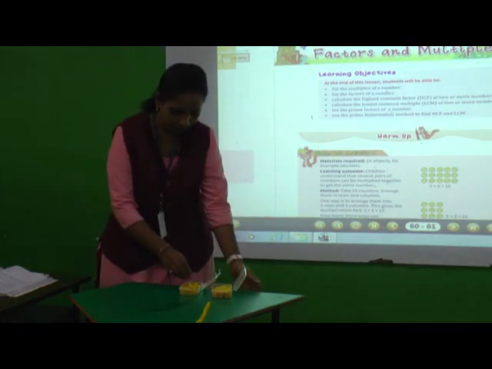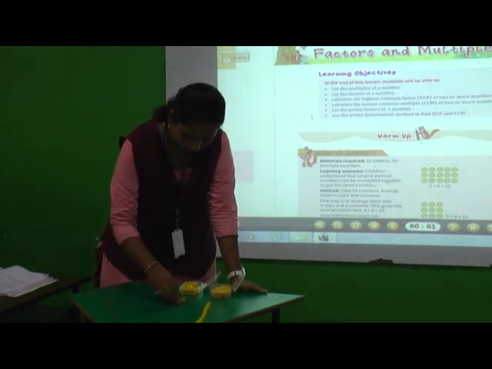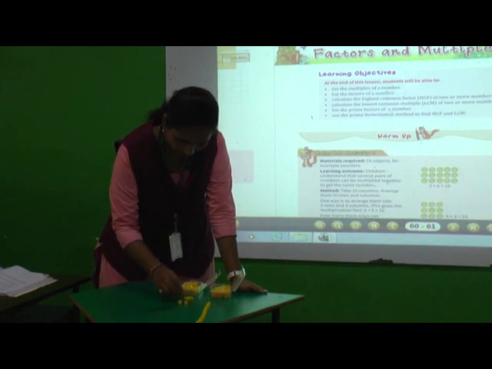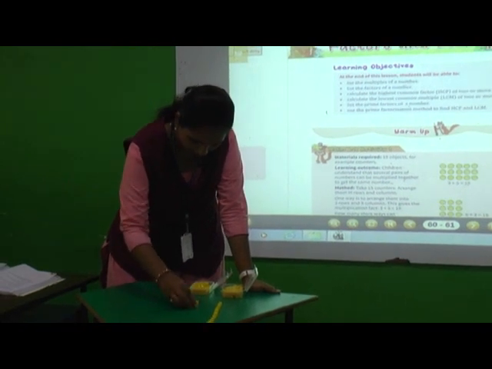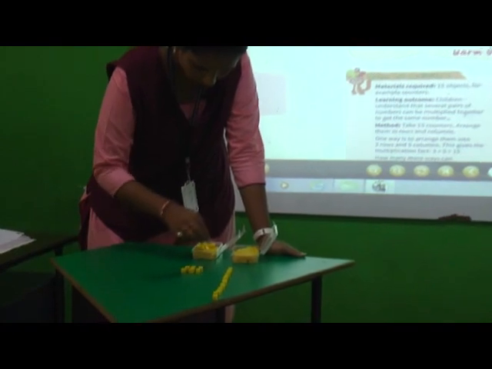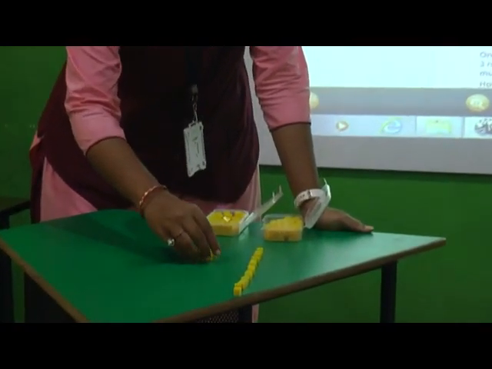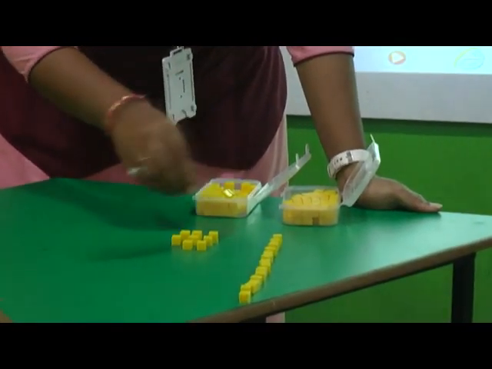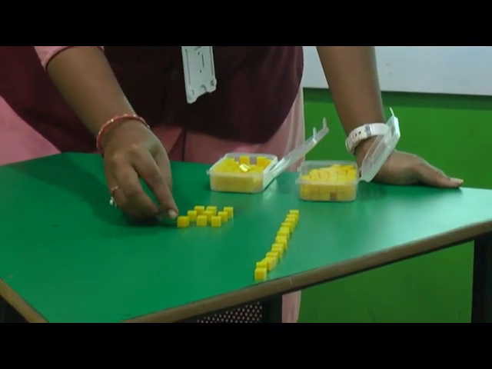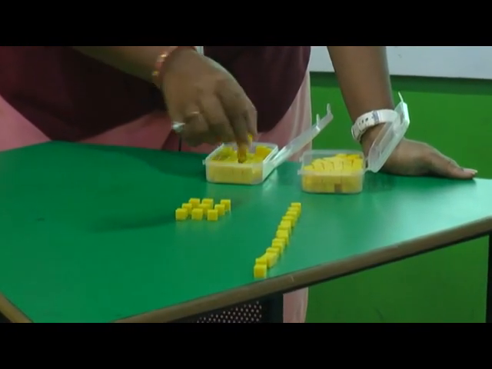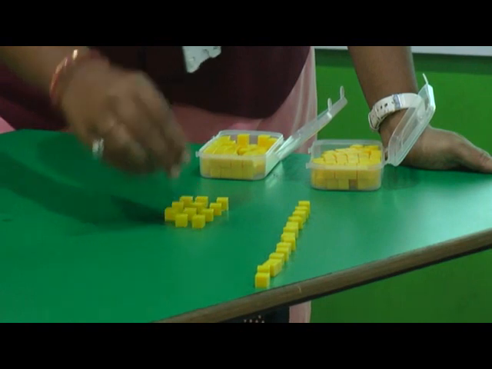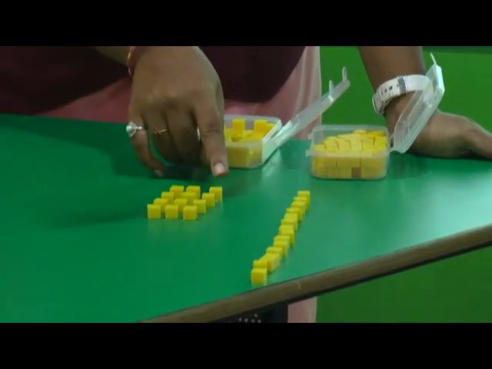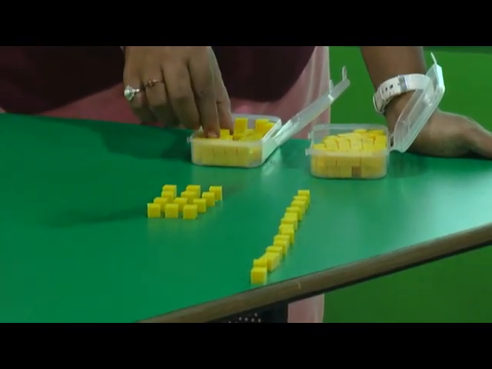Now you tell me what I am doing and how many I am arranging. See how many I am arranging in one row, students? You can count. Yes, correct. I am arranging 3 in one row.